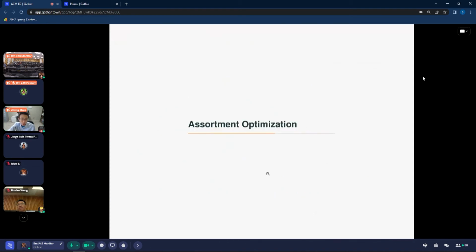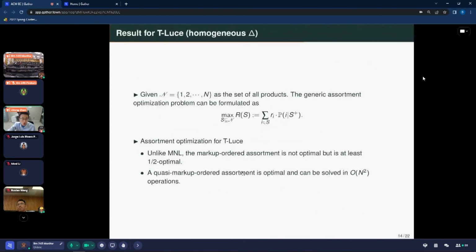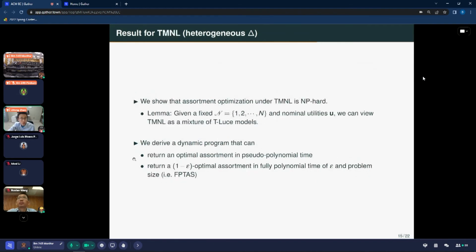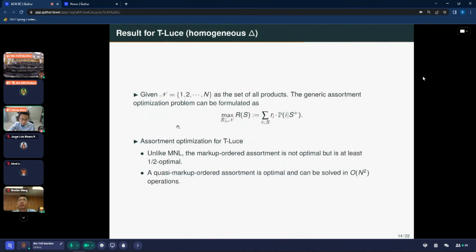We also studied the assortment optimization under both the T-loose model, since it's not done in the literature yet, and for the TML model as well. The generic assortment optimization problem is as follows.